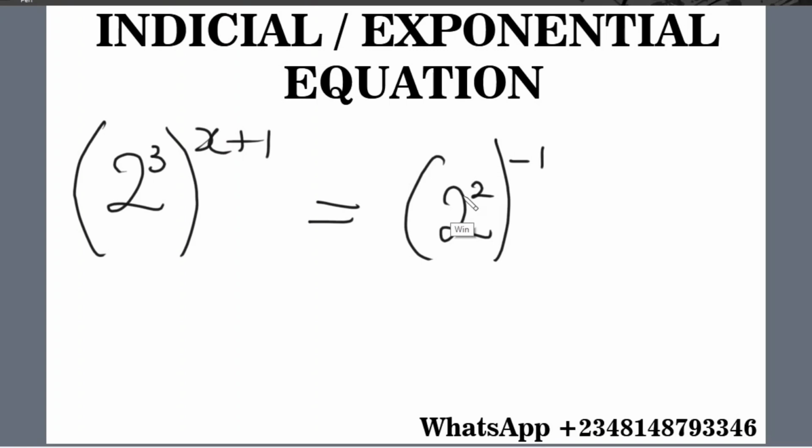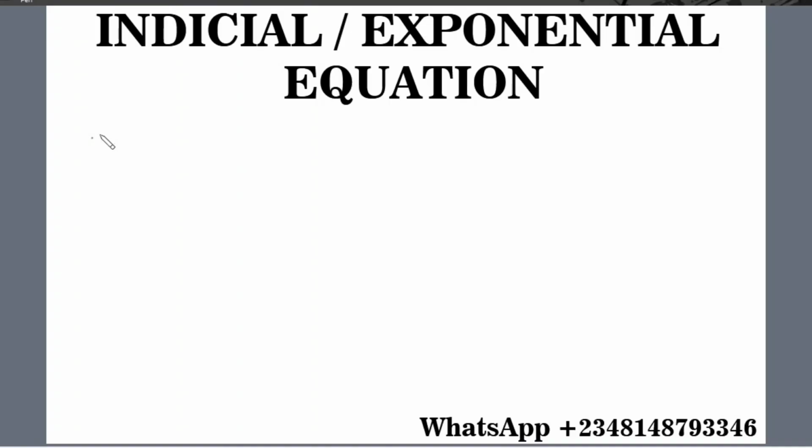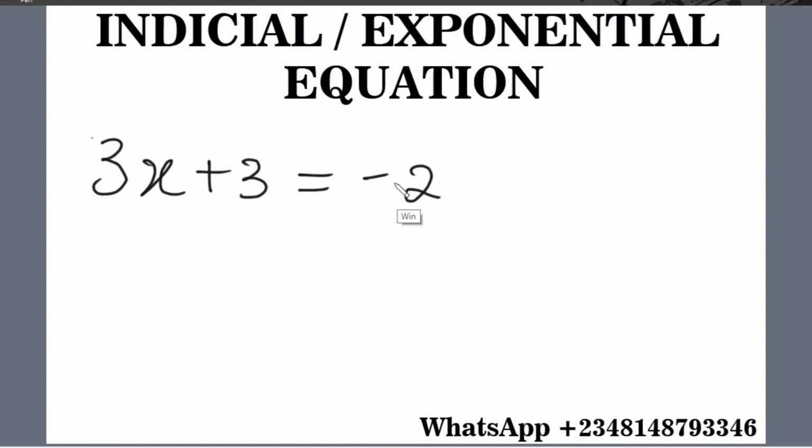Now the next step is to open brackets by applying the power law of indices. If we apply the power law of indices here and equate the powers, we would have 3x plus 3 equals negative 2. Remember, we are asked to look for x.